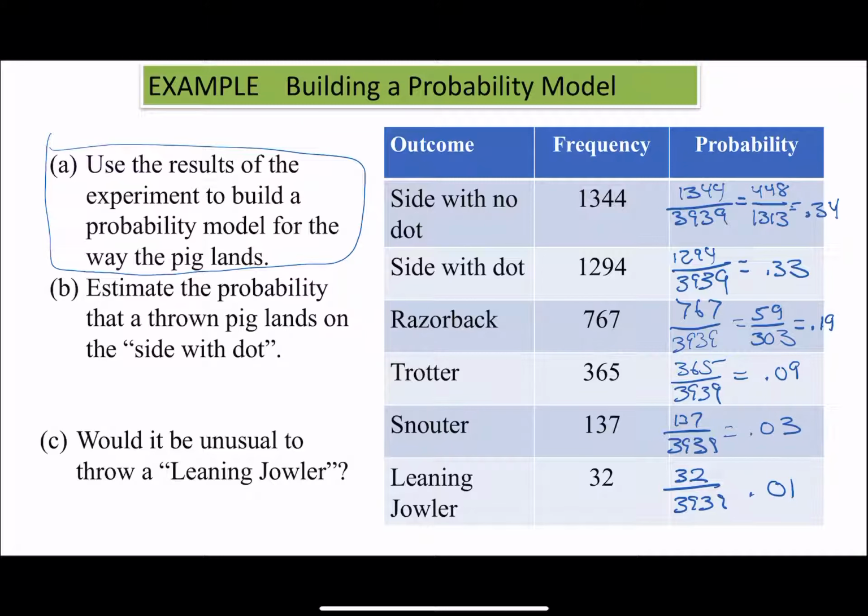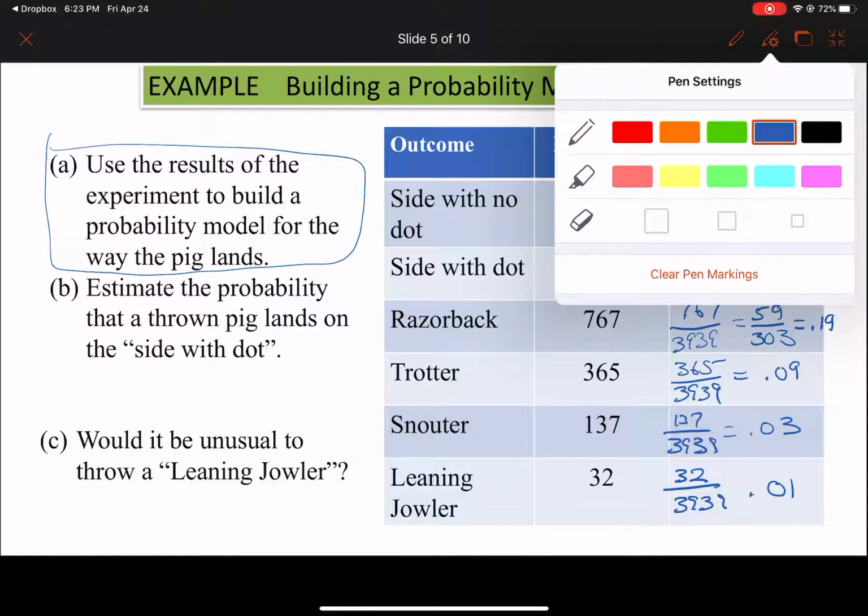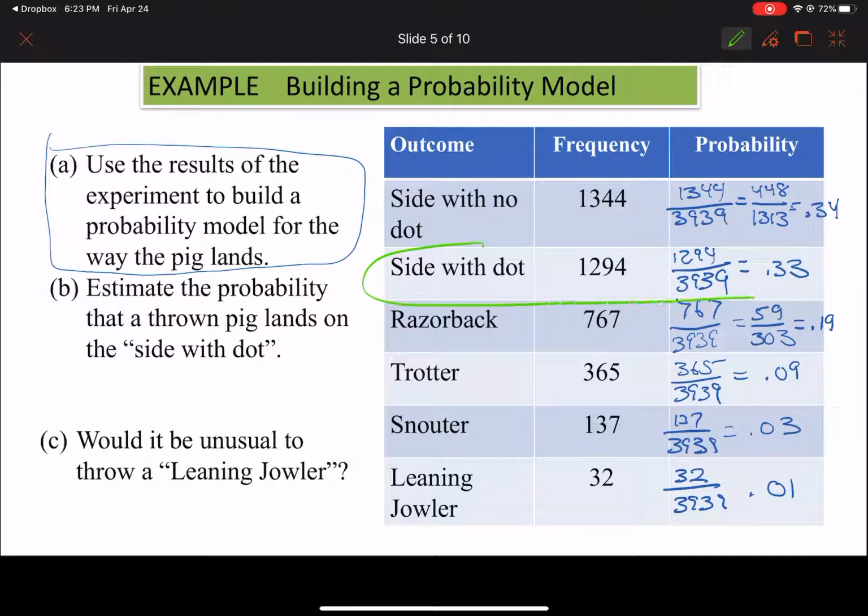All right, so now let's look at B. B says estimate the probability that a thrown pig lands on the side with a dot. So there's about a 33% chance, because remember, to change a decimal into a percent, we multiply by 100 or move the decimal over 2 places.